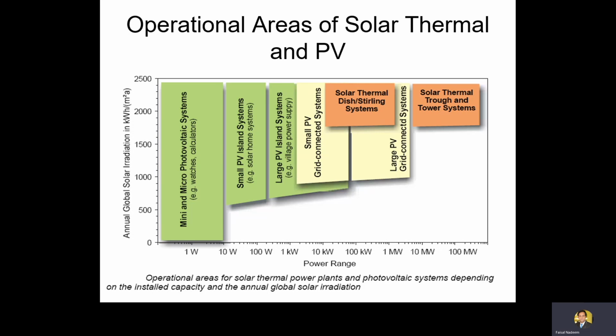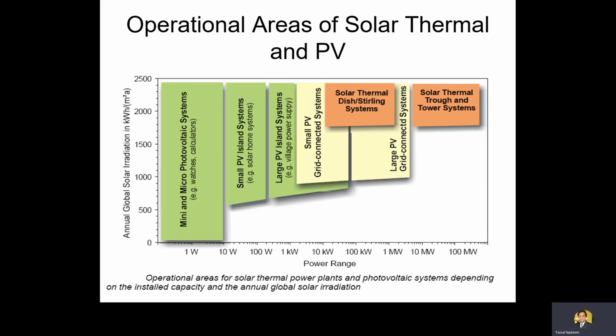So we can easily conclude from this slide that PV systems are flexible. They can operate in various sizes, in various ranges and at various irradiance levels from 0 to 2500. However, solar thermal technologies can operate only in areas in which the irradiance is greater than 1800 to 1700 kilowatt hour per meter square.